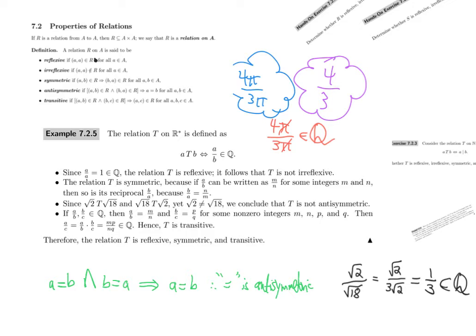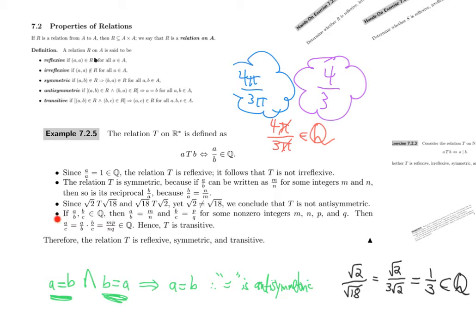It's also symmetric because if A equals B, then B equals A. So the equal sign is an example of a relation that's both symmetric and antisymmetric. So it is possible. Okay, I don't want these examples to mislead you. Anyway, let's go back and check for other properties.